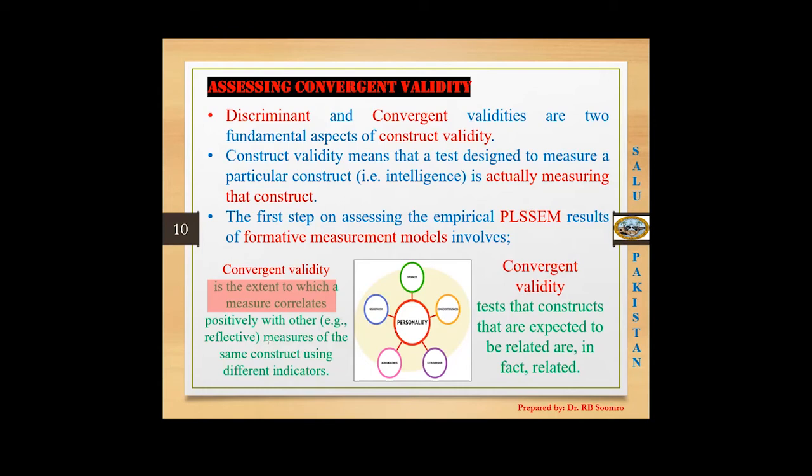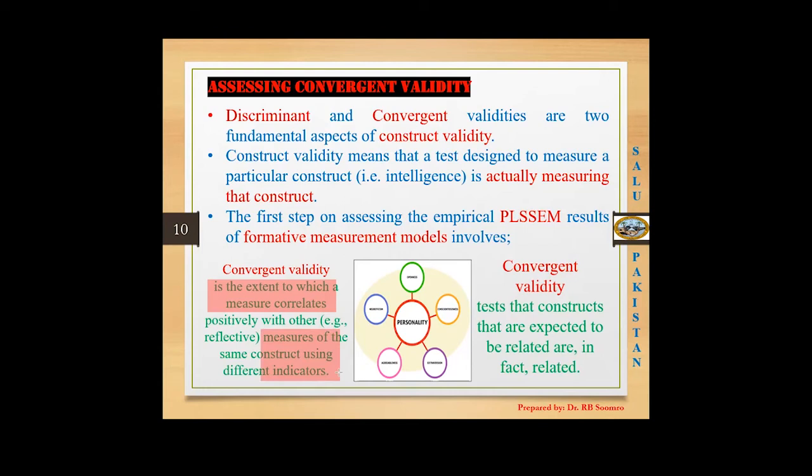If it is a reflective construct, then it measures the same construct using different indicators. Is there a relationship between the indicator of the first order construct and the indicator of the second order construct?